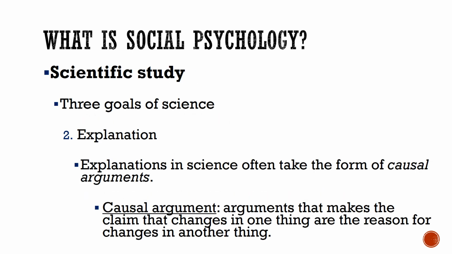Explanations in science often take the form of causal arguments. A causal argument is an argument that makes the claim that changes in one thing are the reason for changes in another thing. Going back to the attitudes towards homosexuality example, if I wanted to explain variations in attitudes toward homosexuality, I would want to figure out what factors cause some people to have positive attitudes, factors that cause some people to have negative attitudes, and factors that cause some people to have neutral attitudes toward homosexuality, and why these particular factors lead to these variations.